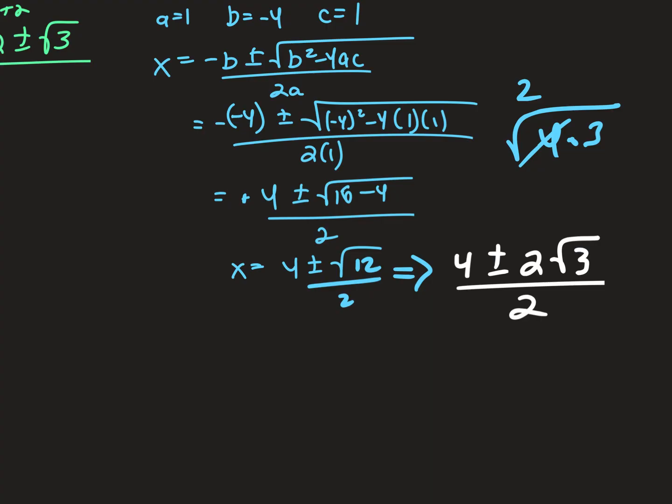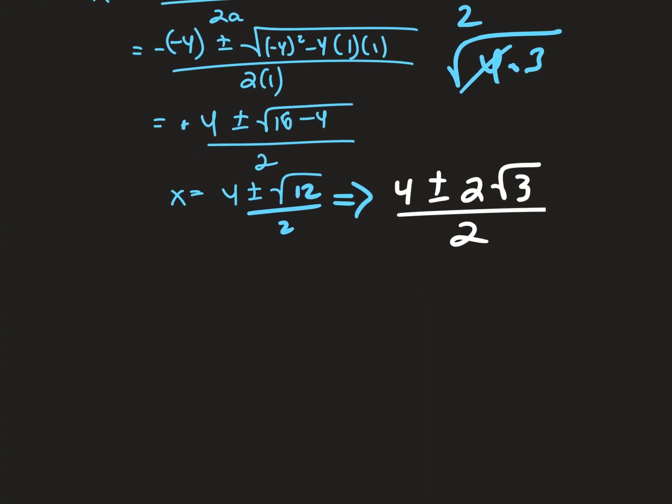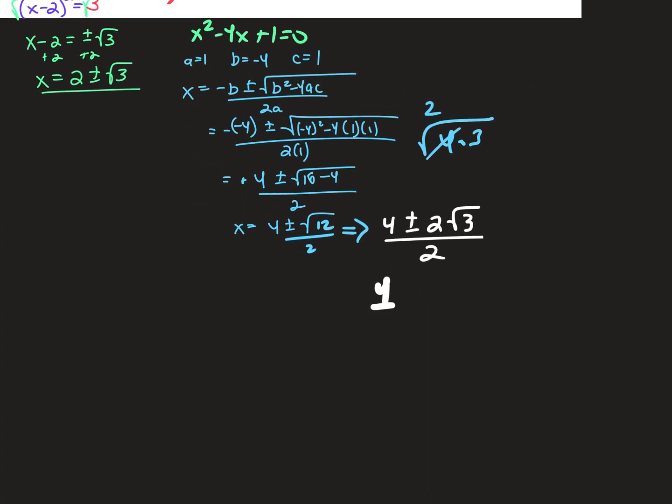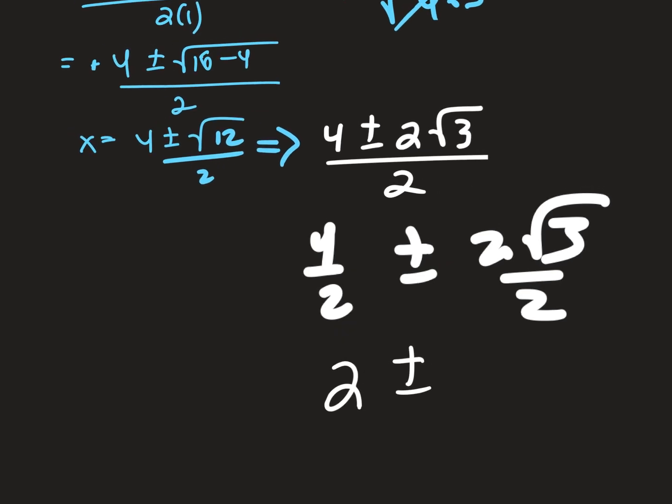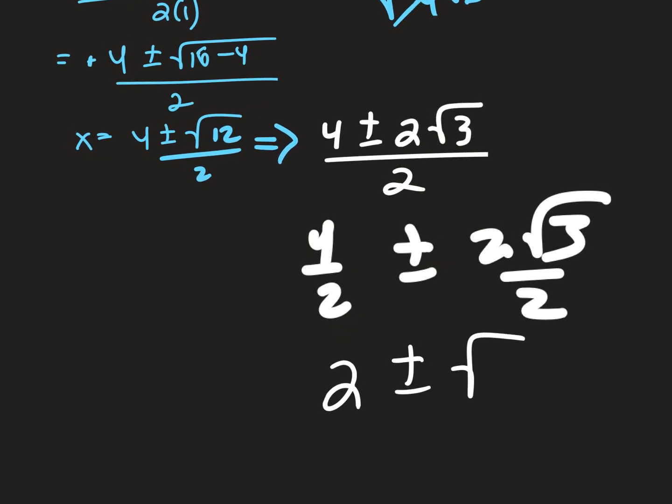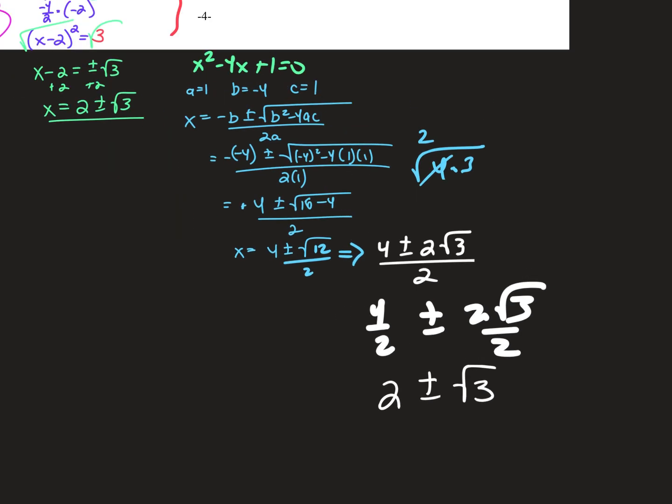Is that as simplified as it can possibly be? No, because remember, this is 4 over 2 plus or minus 2 square roots of 3 over 2. So when you simplify it, what's 4 divided by 2? 2 plus or minus, what happens to the second set of 2's? They cancel, so you have the square root of 3. Is that, guys, the same answer that you got there?